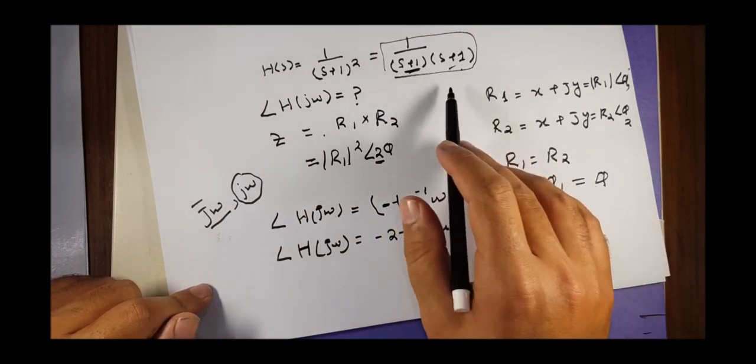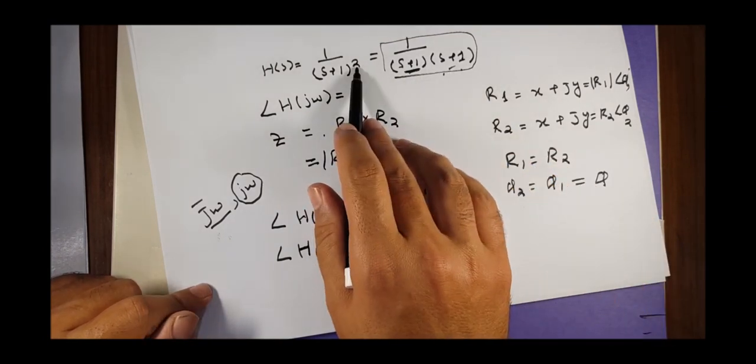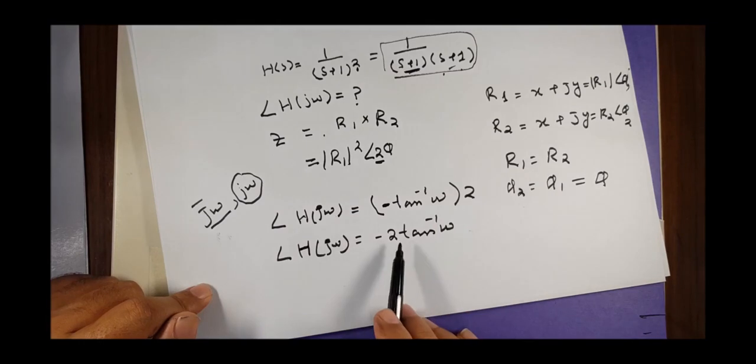Now you understand what is happening here: this power determines this multiplying factor.